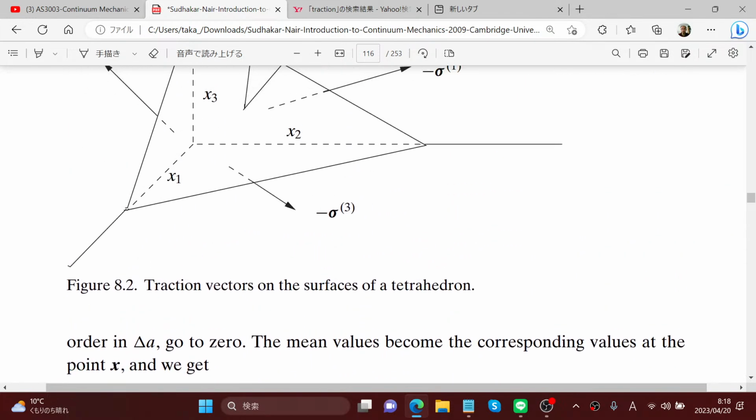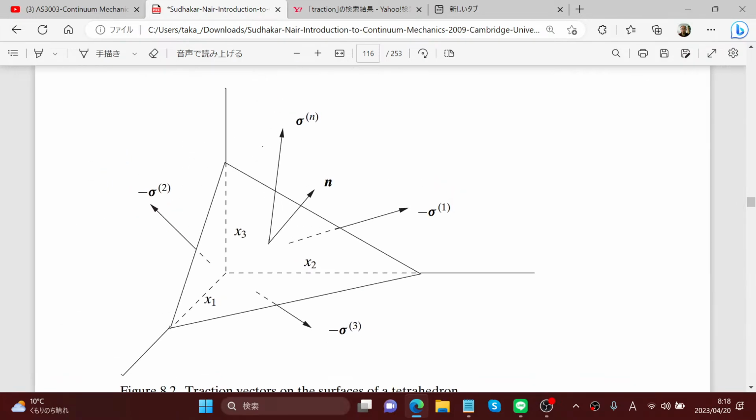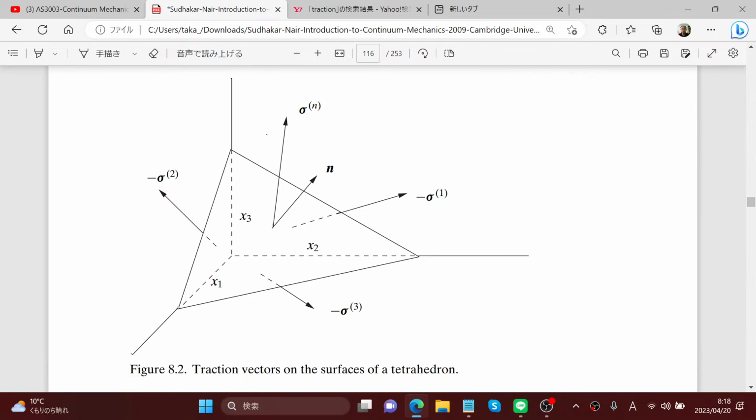See, I think I can explain physically here. This picture is, I think, good in some sense. So we can have, I think, sigma.